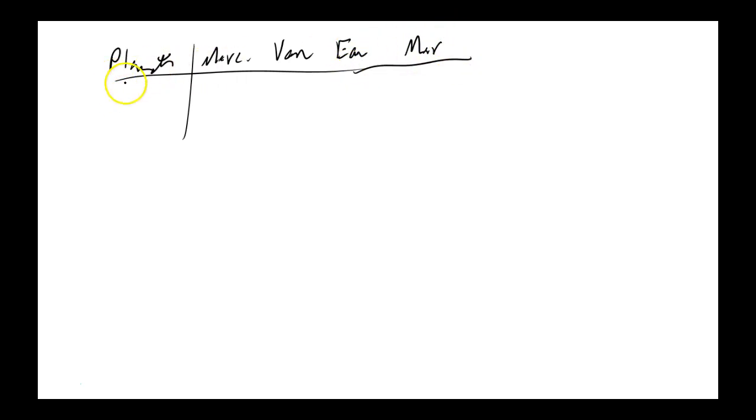And their mean distance and their period. 0.387. As you can imagine, this is going to be a lot of fun because of the decimals. 0.723, 1.000 and 1.524.